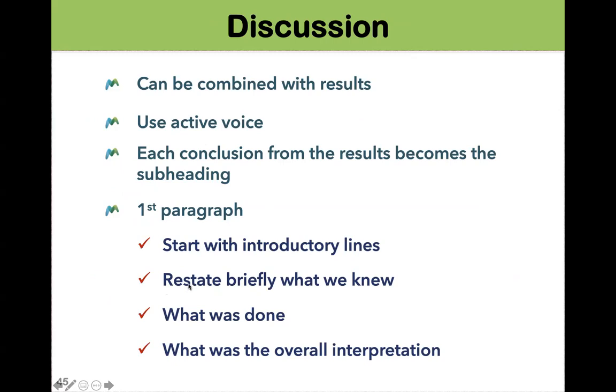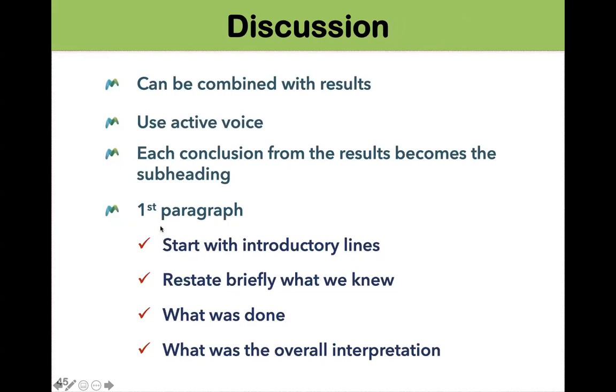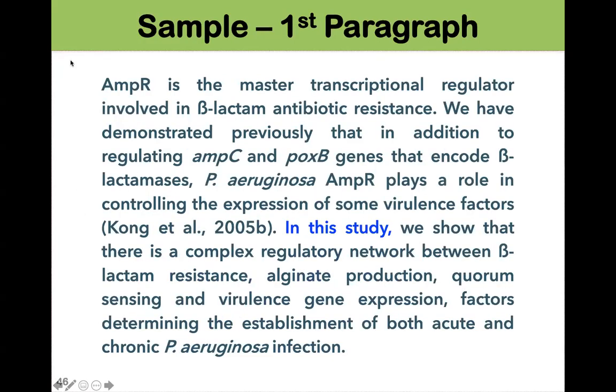Sorry, I jumped ahead. Every discussion section starts with an introductory paragraph, the first paragraph, that introduces the project or the paper and briefly what we know and what was done, like a little mini conclusion. Then you put your conclusion as a subheading.